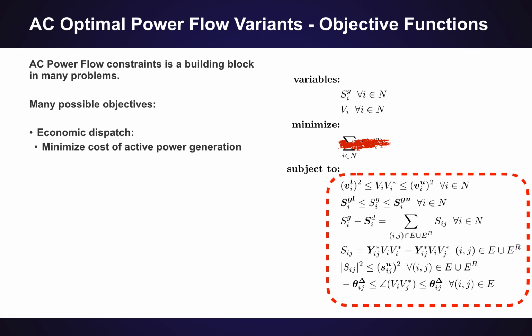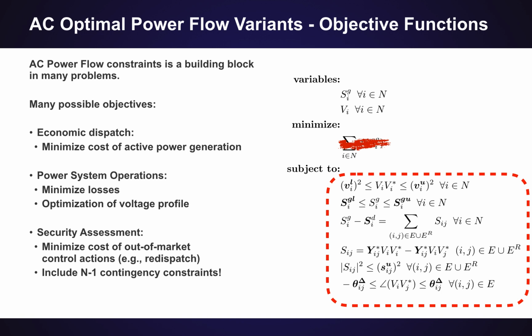However, we could also say, okay, that is not really what we are going to do. In many places, for example Europe, transmission system operators might be using optimal power flow problems not to minimize the cost of active power generation, because that is taken care of by a market which is operated separate from them, but they might rather be trying to do some changes to the dispatch to minimize losses or optimize their voltage profile.